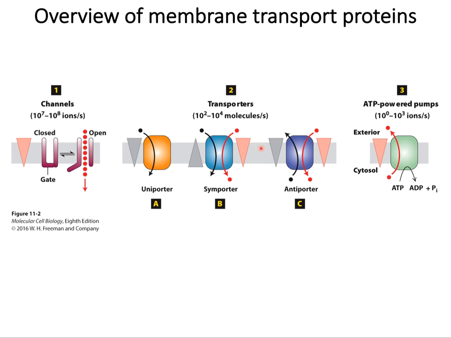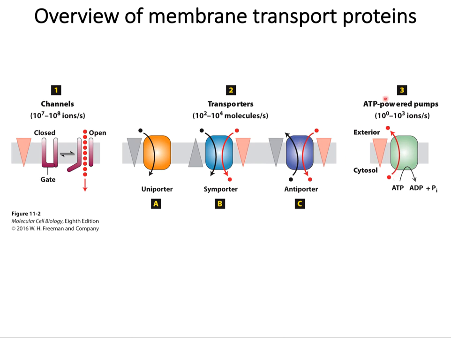The other two types of transporters are called cotransporters and known as either symporters or antiporters. The energy available from the movement of one or more ions down the electrochemical gradient drives the movement of one molecule against its concentration gradient. This is also known as secondary active transport.